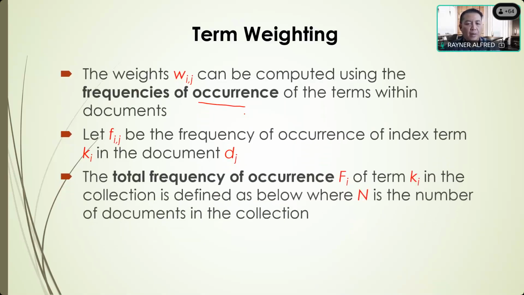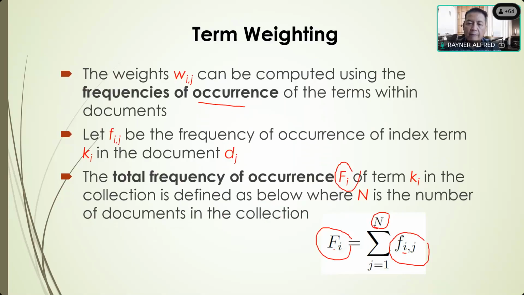We also have the total frequency of occurrence for keyword i. This is for all the documents that we have. We compute how many times keyword i exists in all of the documents. So we have this capital letter F, the total frequency of the term in all of the documents.